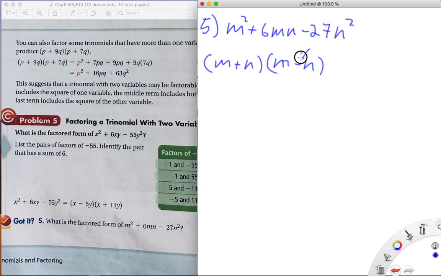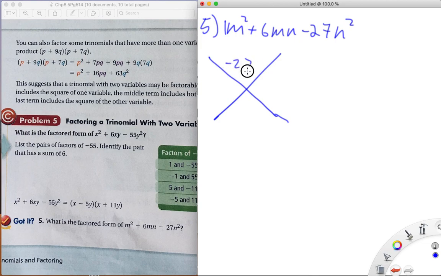It's just up to us to find out what goes in here and what goes in here. Okay? So doing the diamond method, but for some reason drawing an X. Remember there's a 1 here. So 1 times negative 27 is negative 27. And then when I add them up, it gives me positive 6.